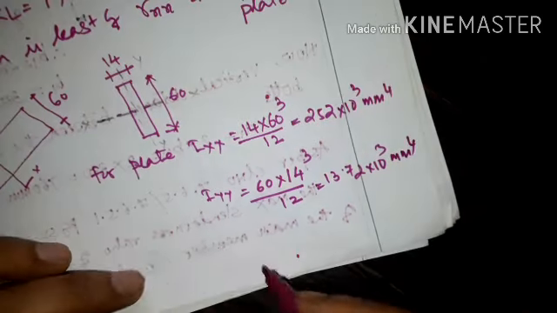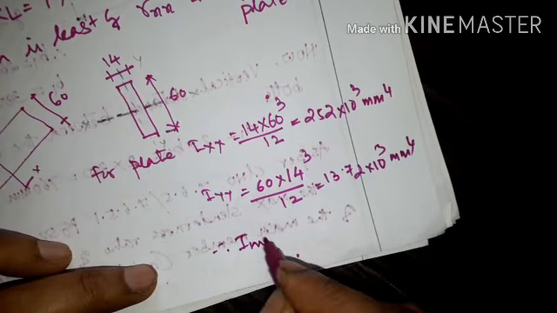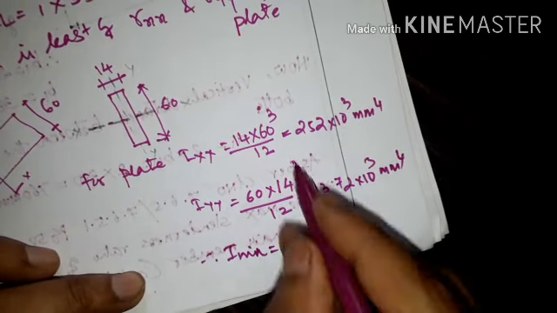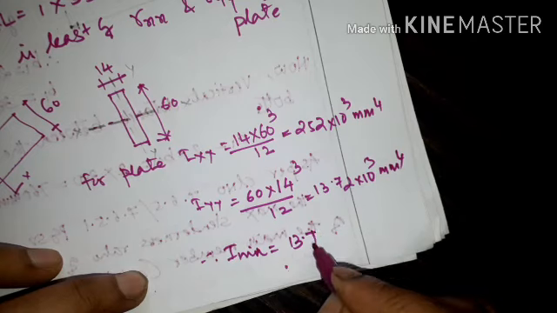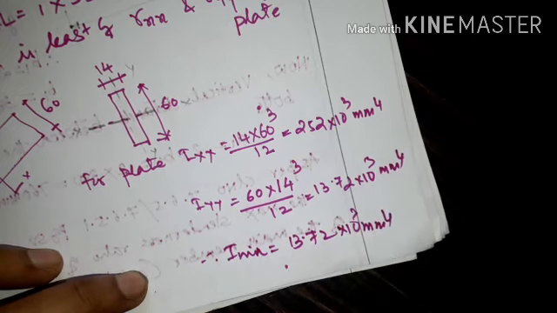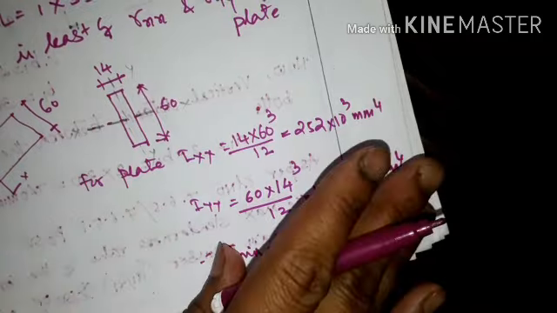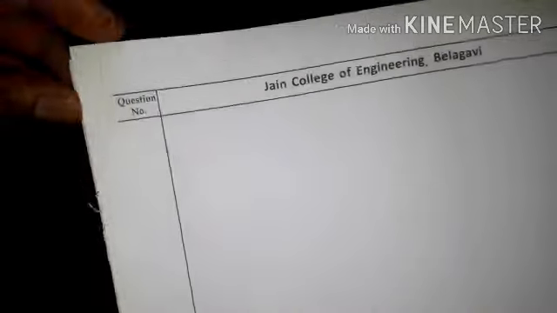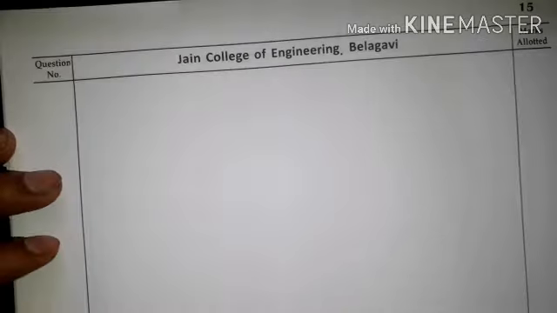So therefore I minimum is least of these two, so that is 13.72 into 10 to 3 mm raised to 4. So we got I minimum.